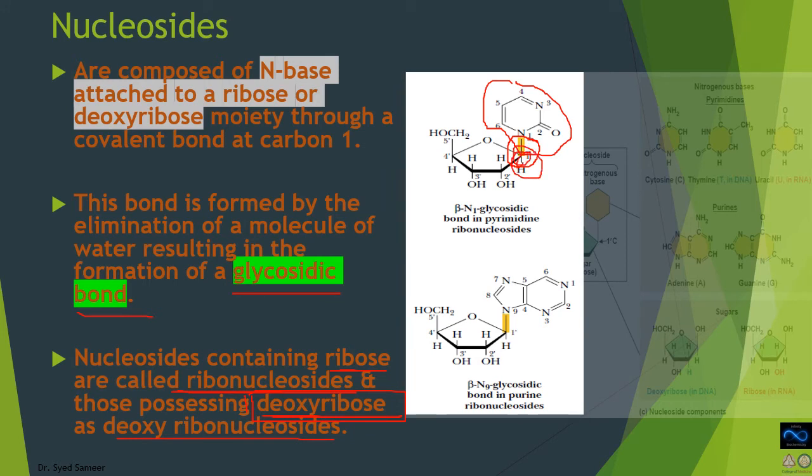So it is a ribonucleoside. Similarly, here you can see the bond between the purine N9 and the C1 of the sugar. It will result in a ribonucleoside, which is of the purine type. So the glycosidic bond will always be between the C1 and N9 of a purine and the C1 and N1 of a pyrimidine.